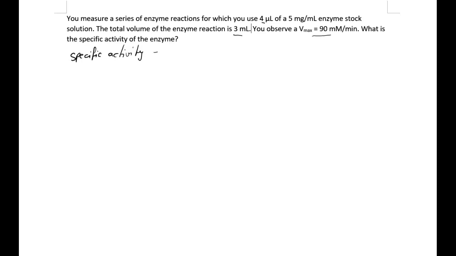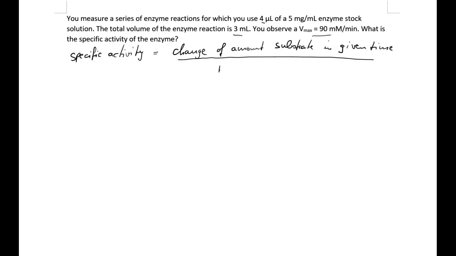The specific activity basically tells us the change of the amount of substrate in a given time, so that could be per minute, per gram of enzyme. And that is the specific activity.